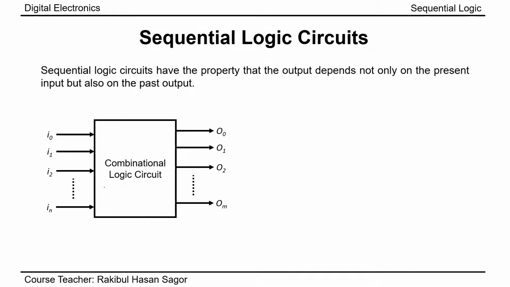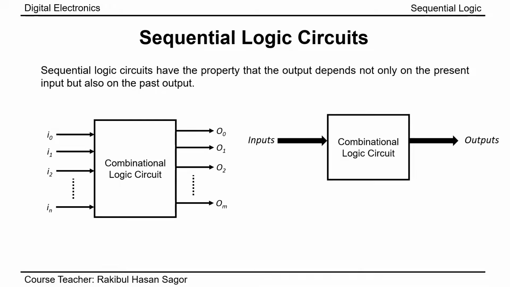So let me show you the block diagram for a sequential logic circuit. This is the basic block diagram of combinational logic that we learned from our previous figure, drawn on the left side. I have given all the inputs on the left side, all the inputs together. This is the set of inputs and set of outputs.